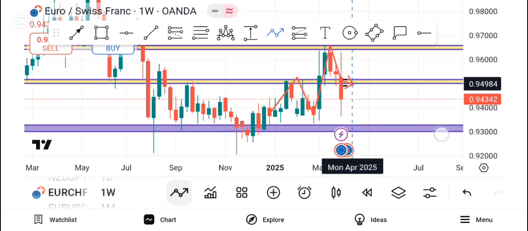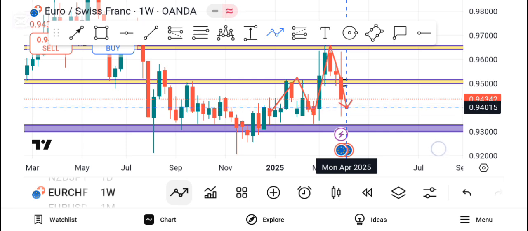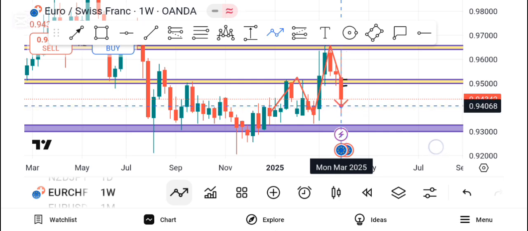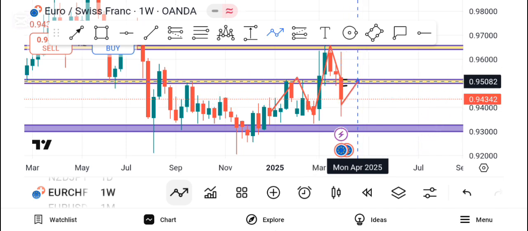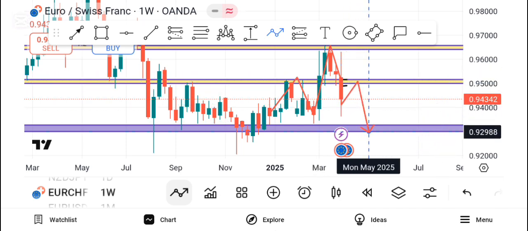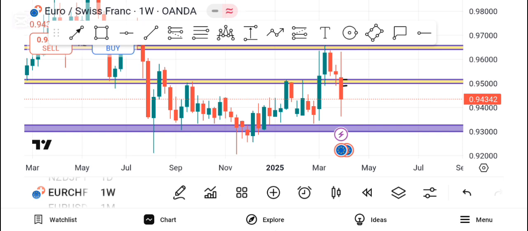It broke down, which shows a shift in market structure, giving us a lower low now. So what are we expecting? A lower high, then sell to the downside. See, this is how this trade is going to play. Let's continue to the daily and continue the analysis.